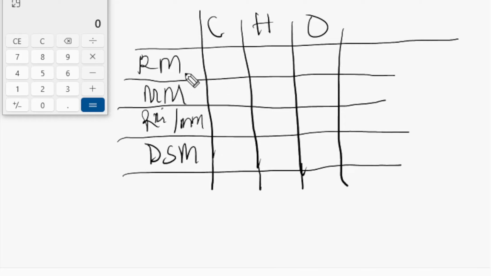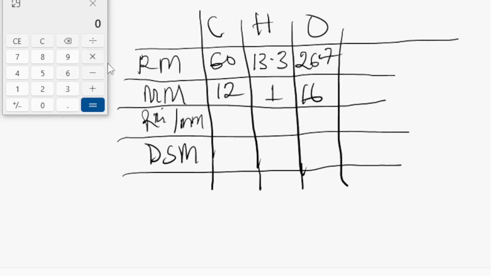Having this, the reacting mass for carbon, we have 60% carbon, so that's 60 here. We have 13.3% hydrogen, so that's 13.3 here, and then 26.7% oxygen, 26.7 here. The molar mass of carbon is 12, that of hydrogen is 1, that of oxygen is 16.